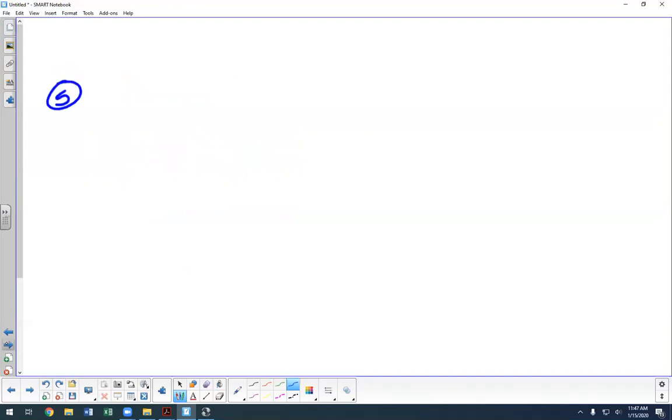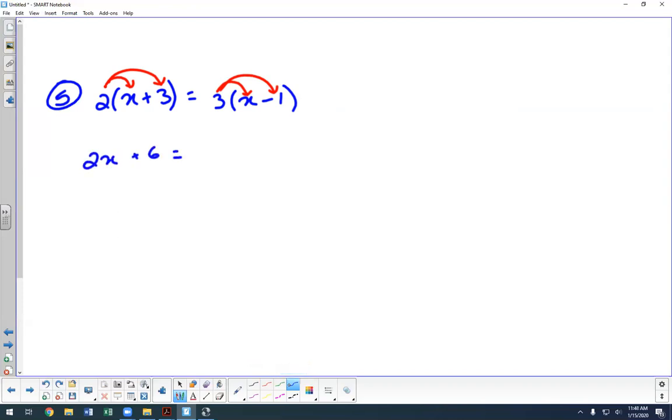So this guy is 2 times (x plus 3) equals 3 times (x minus 1). So again, same thing, distribute that number inside the parentheses. 2x plus 6, 3x minus 3.